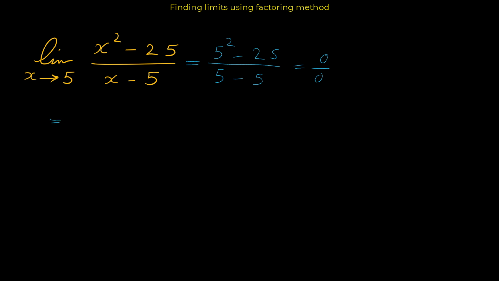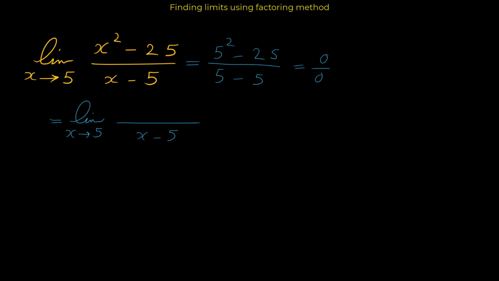So for finding this limit, again we have to factor numerator and denominator. In denominator we have nothing to factor, so we leave x minus 5. But do you remember how you can factor x to the 2 minus 25? Here you need an identity.